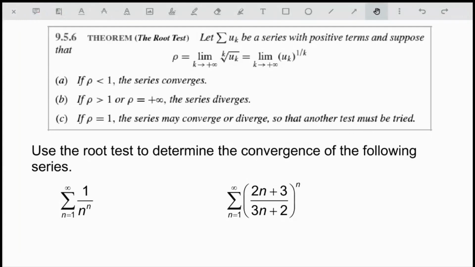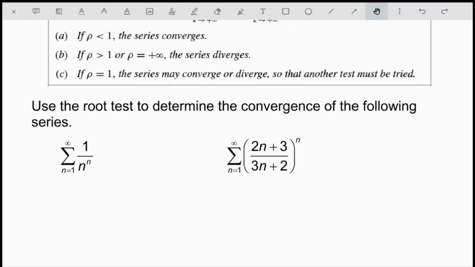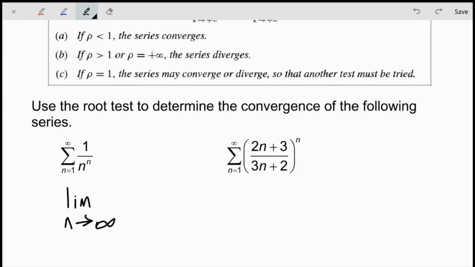Okay, so here's an example. I'm going to show you one of these. These are actually pretty easy to do. I've got 1 over n to the n power. So I'm recognizing right away this looks like a root test that I could use here. So I'm going to take the limit as n goes to infinity of the nth root of 1 over n to the n.